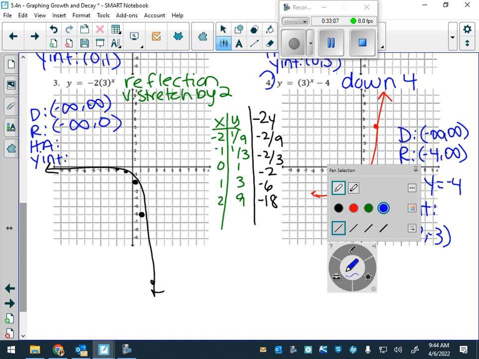Now, why is it to 0? What's our horizontal asymptote? 0. What is our y-intercept? 0, -2. Okay. So the domain stays the same. The range changes. It flips because we have the reflection. So it's -infinity to 0. Horizontal asymptote is still the same. Okay. Any questions?